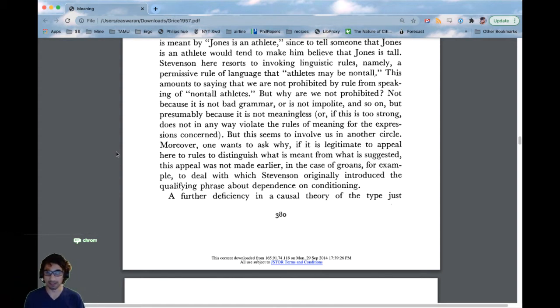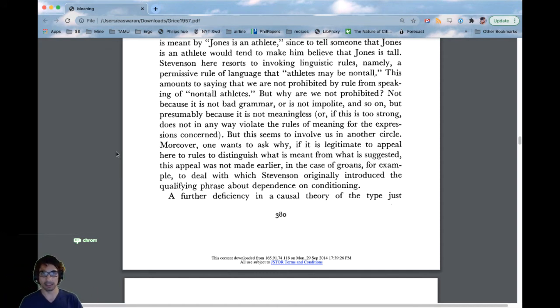And the challenge was that when you're feeling unwell, that causes you to groan. And when you hear someone groan, that causes you to think that this person is unwell. And Stevenson says, that's not really meaning because that's something that everyone understands without having learned it. And so he wanted meaning to be a case with that causal pattern that people learned.